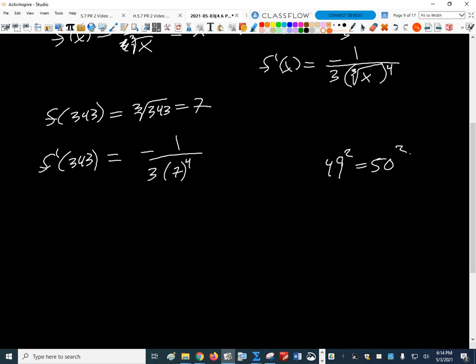How is 49 squared different than 50 squared? 49 squared is a product of 49 49s, right? 50 squared is a product of 50 50s, okay?